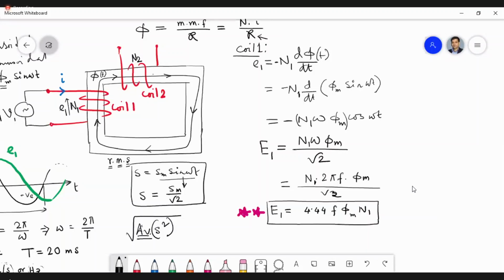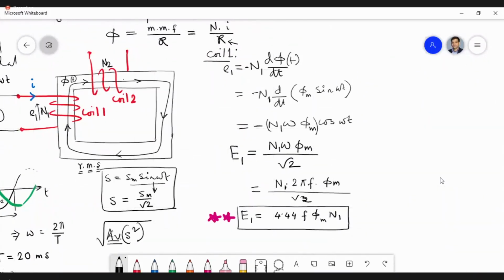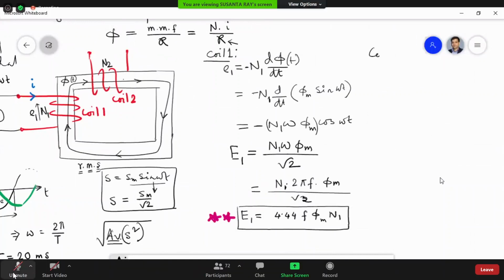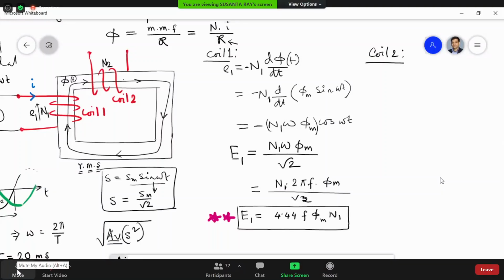But the same flux, as is clear from this figure, is also linking the second coil, coil 2. So can you tell me what voltage, or whether any voltage, will be induced there? Coil 2 is not connected with any voltage source.